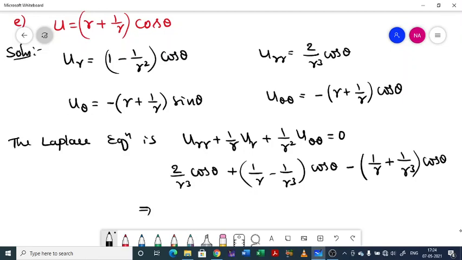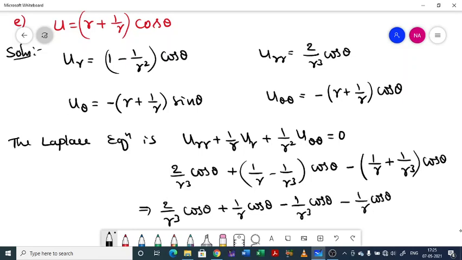So it will be 2 by r cube cos theta plus 1 by r cos theta minus 1 by r cube cos theta minus 1 by r cos theta minus 1 by r cube cos theta.